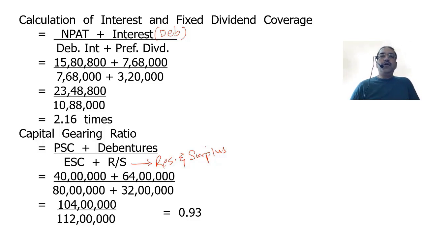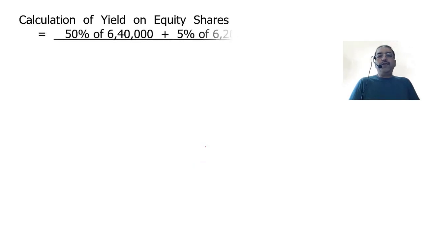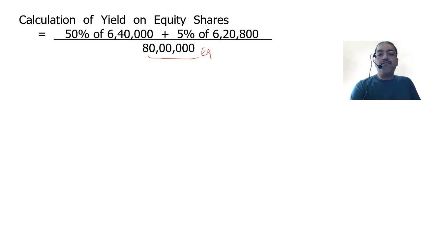Now to calculate yield on equity shares. How to calculate yield on equity shares? They have calculated it as 50% of distributed profit and 5% of undistributed profit divided by equity capital. And if you want, you can multiply by 100 for a percentage. So calculation of yield on equity shares: 50% of 6,40,000, 5% of 6,20,800 divided by equity capital. 80 lakhs is equity capital.